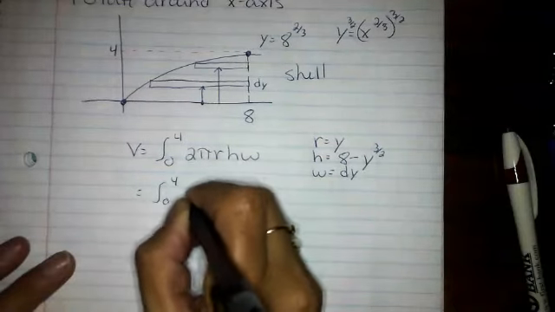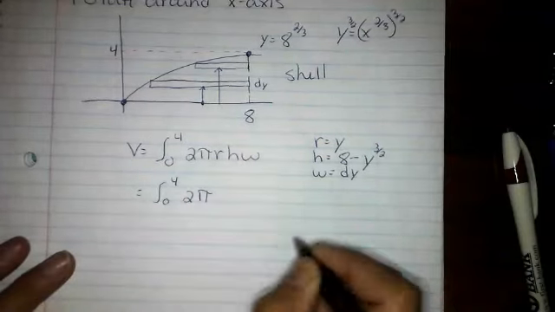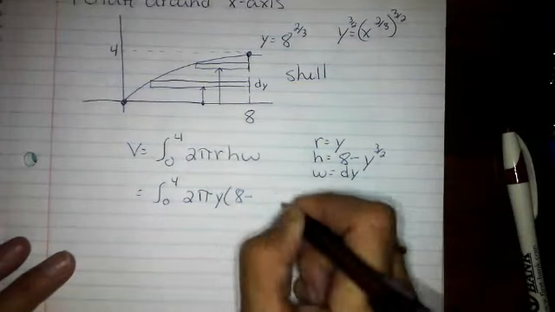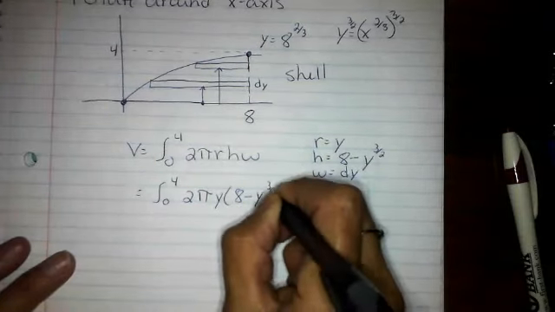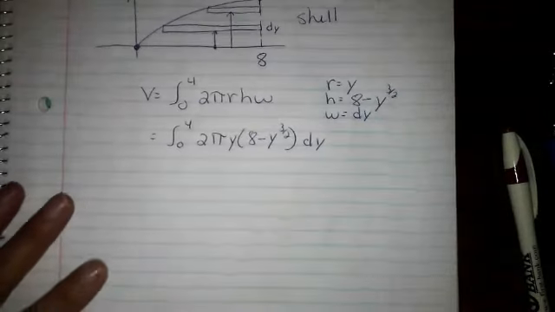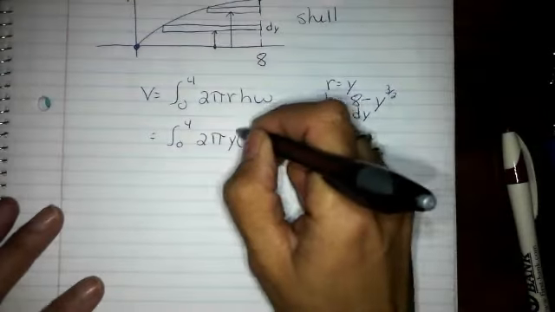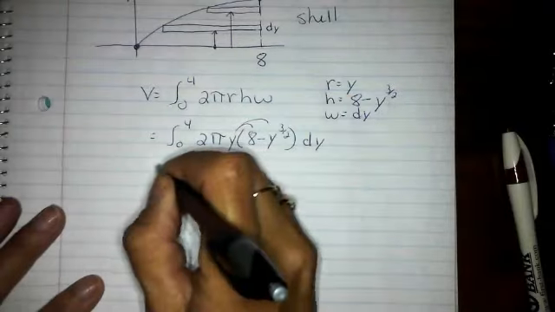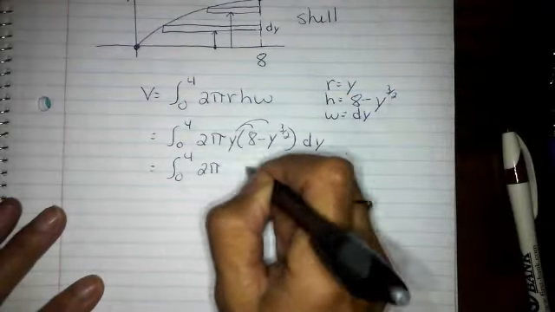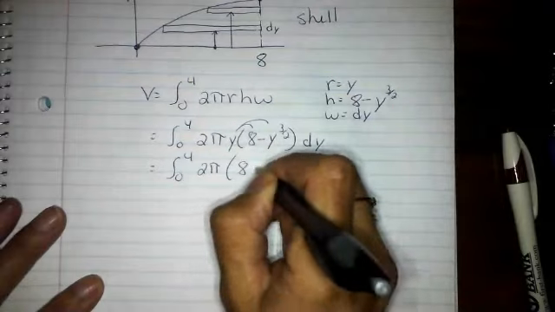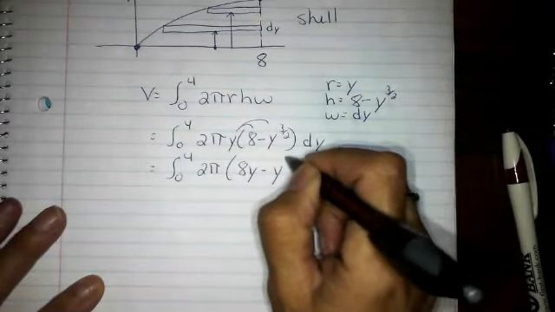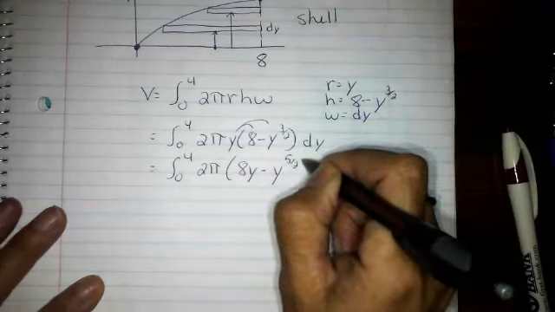0 to 4, 2 pi y, 8 minus y to the 3/2 dy. So same algebra as last time. We're going to distribute and then do our antiderivative rule. So we will have 8y minus y to the 5/2.